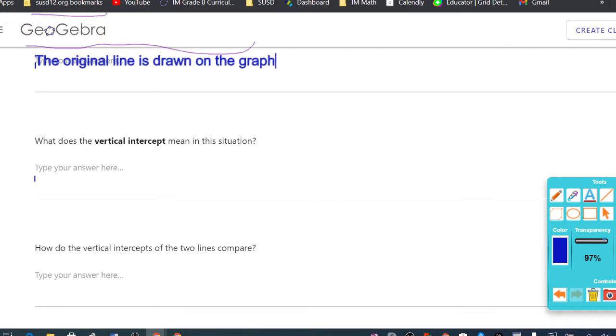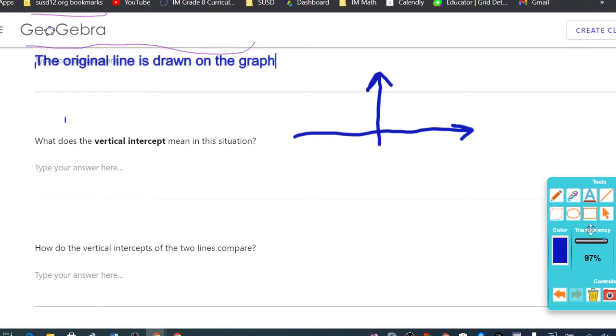Next question. What does the vertical intercept mean in this situation? Okay, well, wait a second. I want to make sure you're getting the vocabulary in this. We have the x-axis, which is horizontal, and we have the y-axis, which is vertical. So vertical intercept, that's what I've been calling the y-intercept.